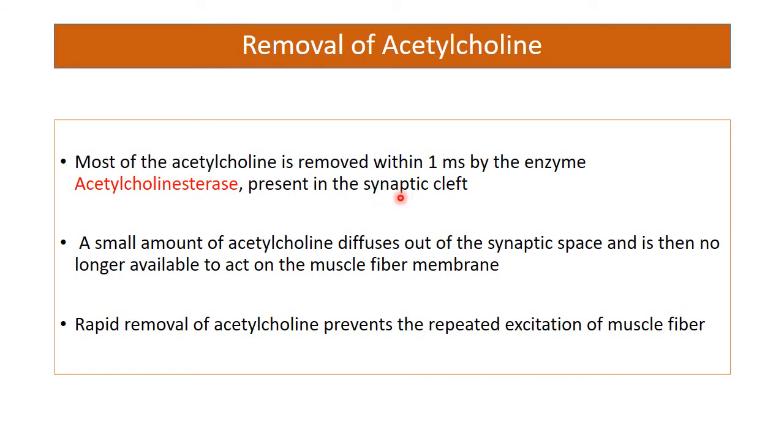It degrades the acetylcholine into acetate and choline. A small amount of acetylcholine also diffuses out of the synaptic space and is then no longer available to act on the muscle fiber membrane. The significance is that the rapid removal of this acetylcholine prevents repeated excitation of the muscle fiber.